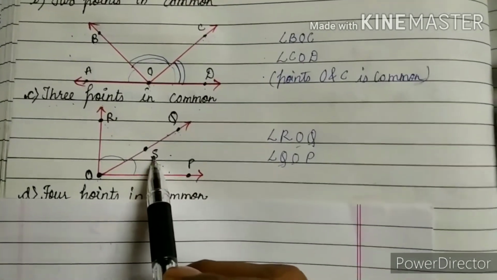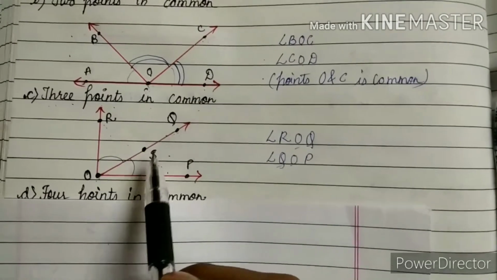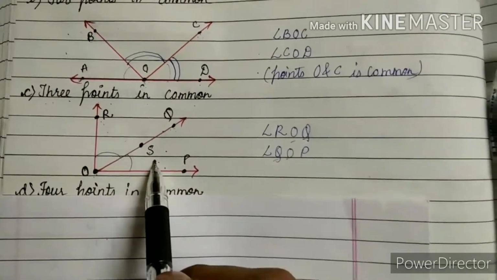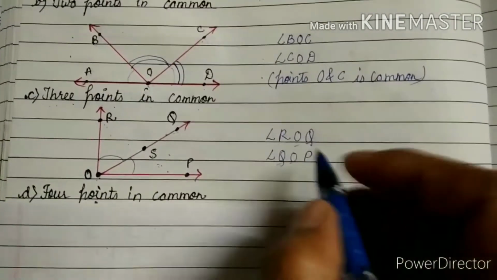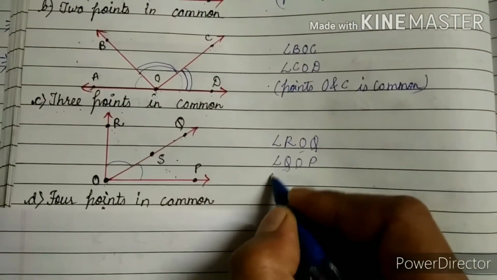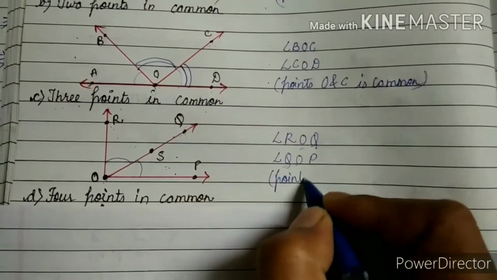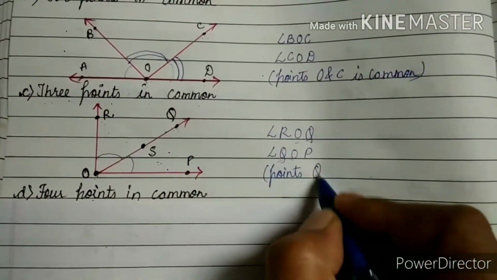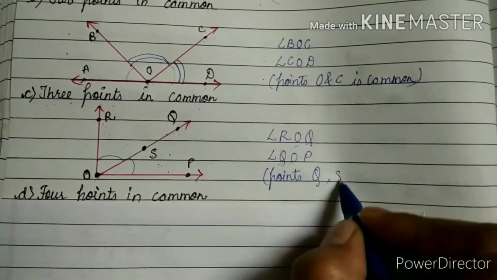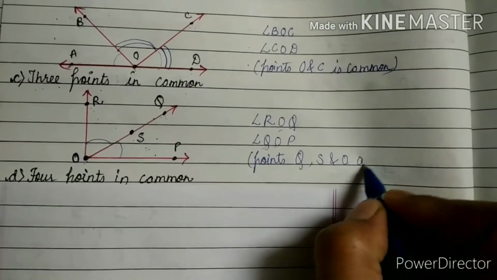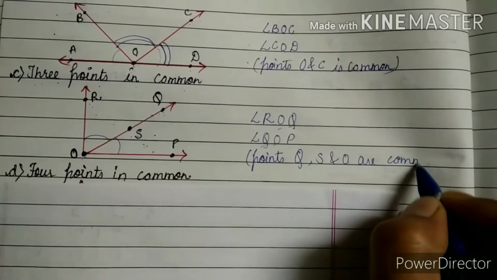So S is also common. S point is also common for both the angles. So which points are common? First is points Q, S and O are common.